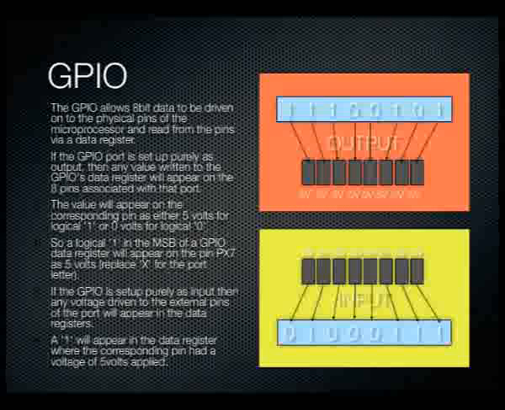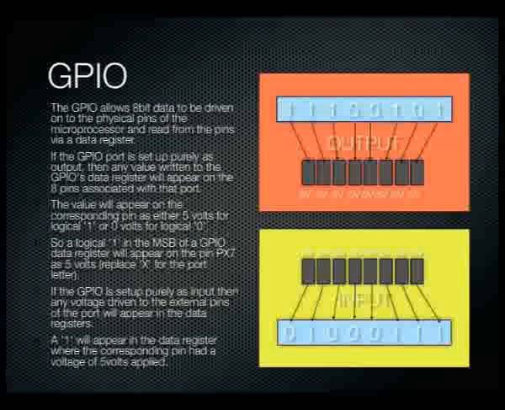If the general purpose I/O is purely set up as input, as in the yellow example on the bottom, then any value that we drive on the physical pins, and in both examples those grey boxes are the physical pins, will appear in the data register.